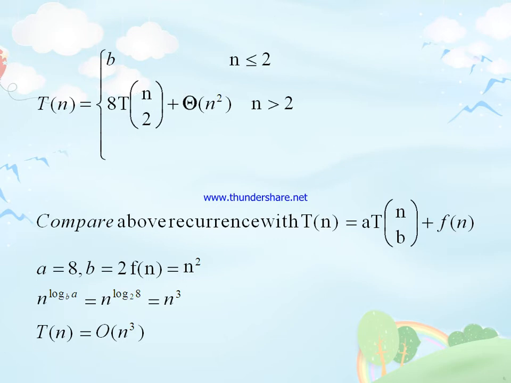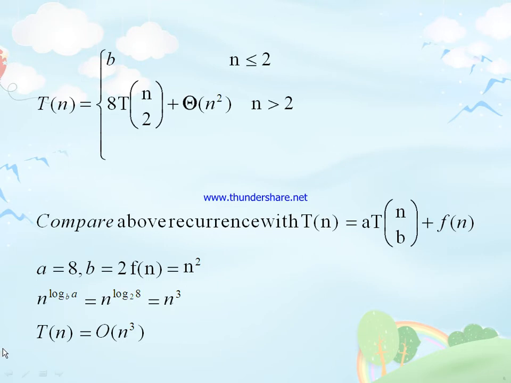So compare the above recurrence relation with the normal recurrence relation formula aT(n by b) plus f(n), where a equals 8, b equals 2, f(n) equals n square. So n power log b a, n power log 2 base 8, equals n cube.